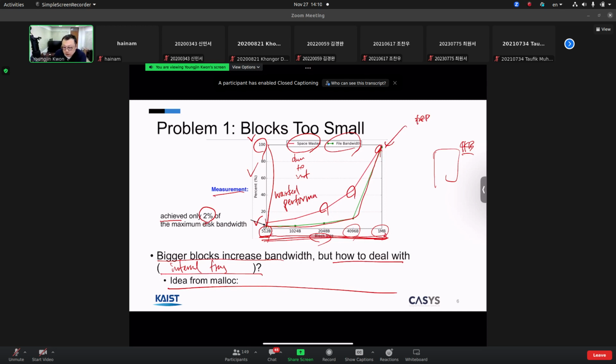For each malloc operation, do you allocate a new 4 kilobyte chunk?